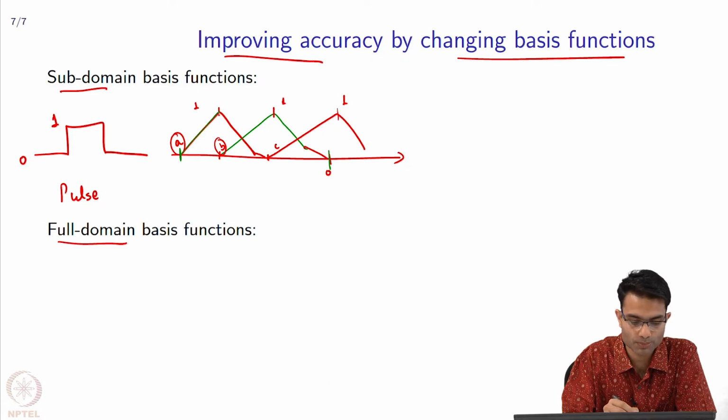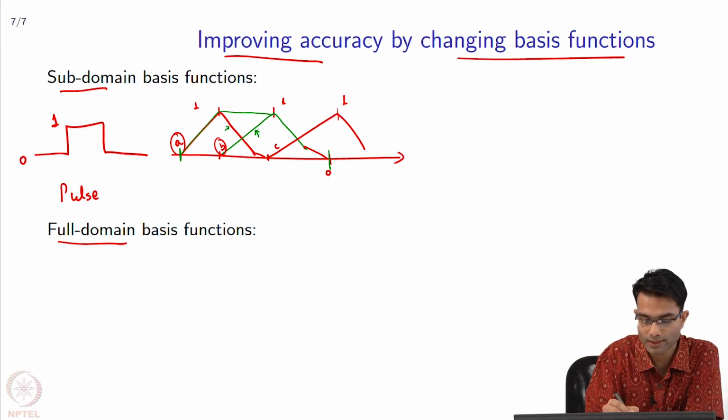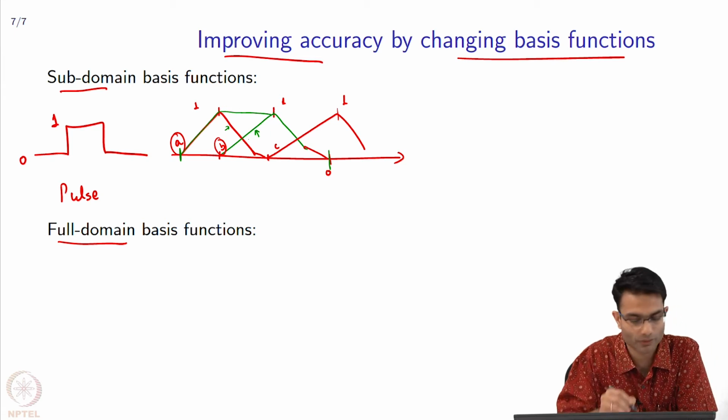When I come to this point, B is still 0, and by the time I come over here, it's going to be 1 again. I'm adding this and this, and I'm actually going to get a line. These two curves add to a constant, and then as I go down, it follows this all the way to 0, because basis function A is 0 by now.